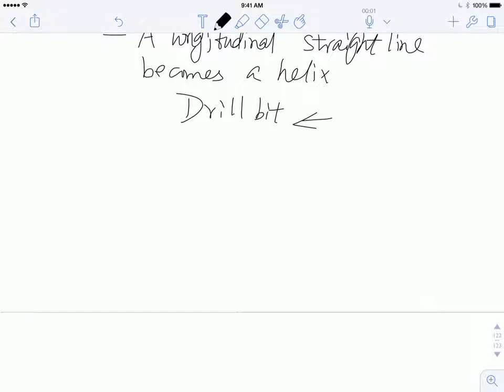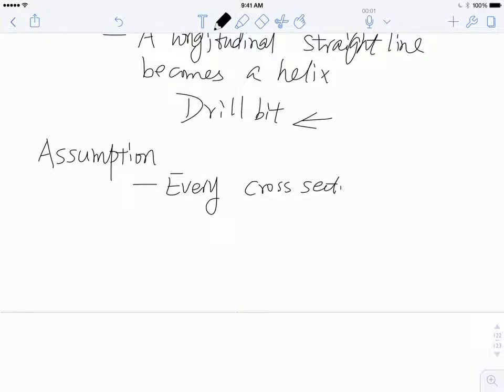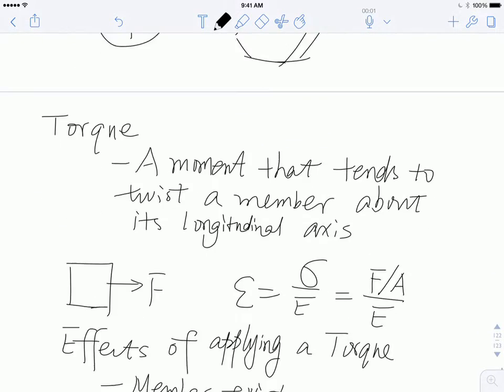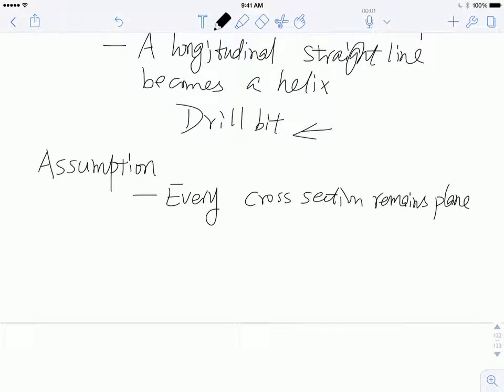So the first assumption is that every cross section remains plane. Imagine this bolt right here. When we twist it, every single cross section remains plane. So there's no out-of-plane deformation. In other words, you're not making it longer or shorter.